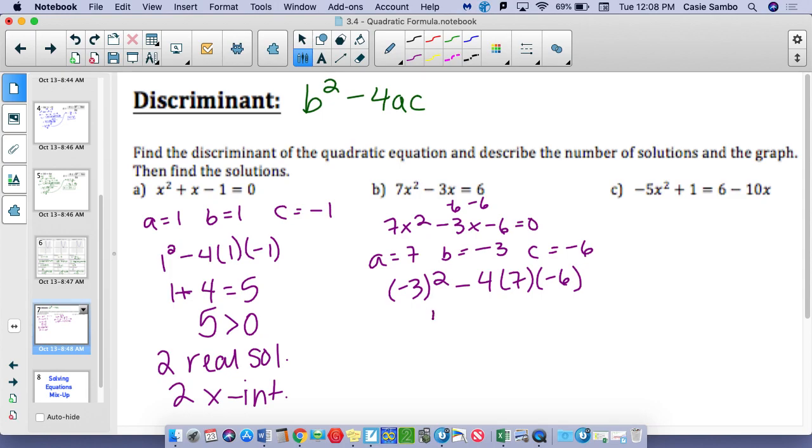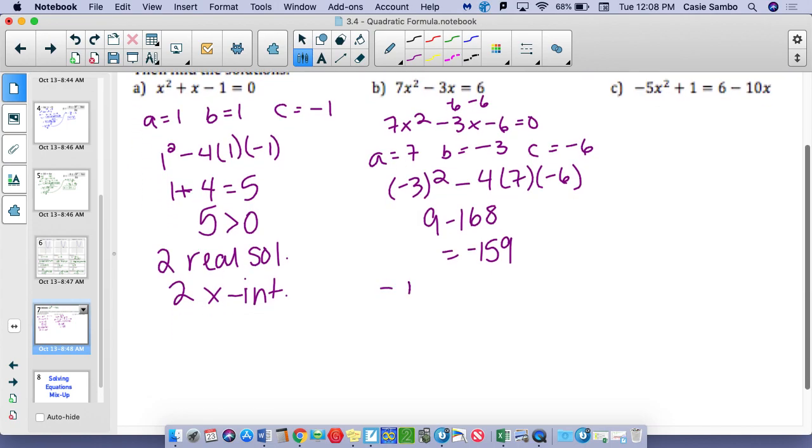So we'd end up with 9 minus 168, which would give us negative 159, which is less than 0. That means that there are 2 imaginary solutions and that there are 0 x-intercepts.